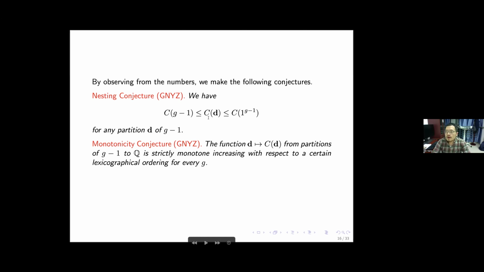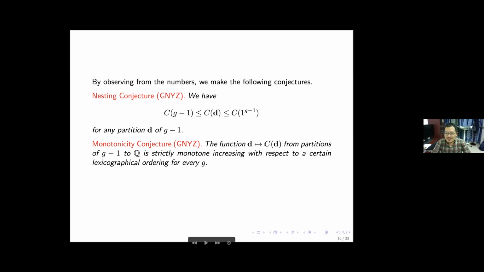It's a weak version of monotonicity, and the strong version we call the monotonicity conjecture. It is a function from partitions to rational numbers, to Q. It is strictly monotone increasing with respect to a certain lexicographic ordering for every G. The story is about 10 years ago when Nobry and Zagier were studying these numbers.